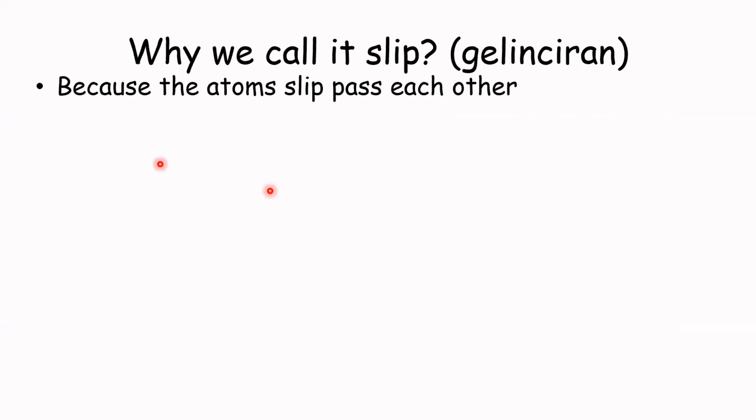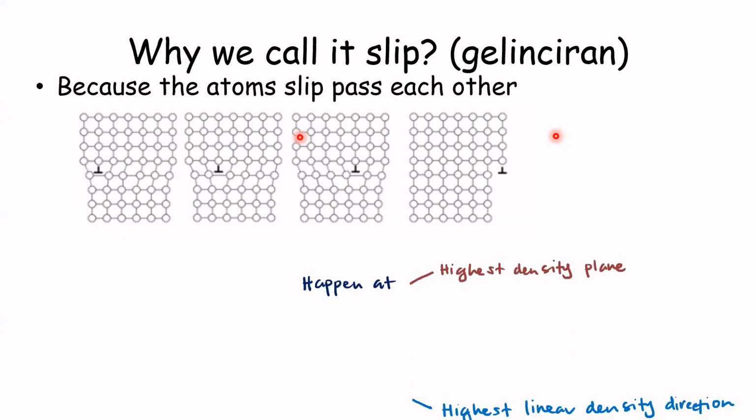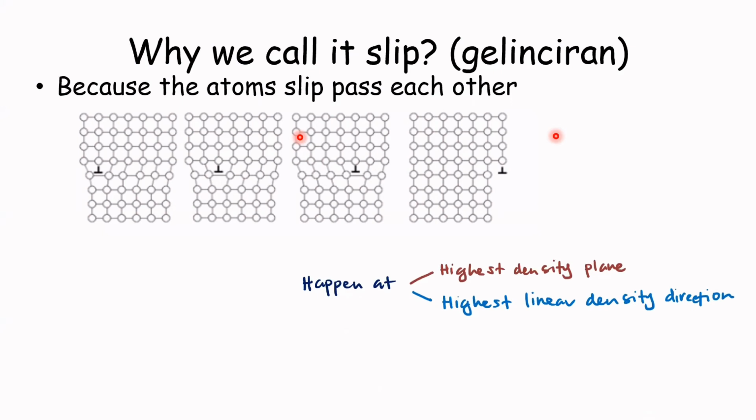So why do we call it slip, or gelinciran in Malay? It is because the atoms slip past each other. They happen at a specific crystallographic plane in a specific crystallographic direction. Not just any atom can slide past another.